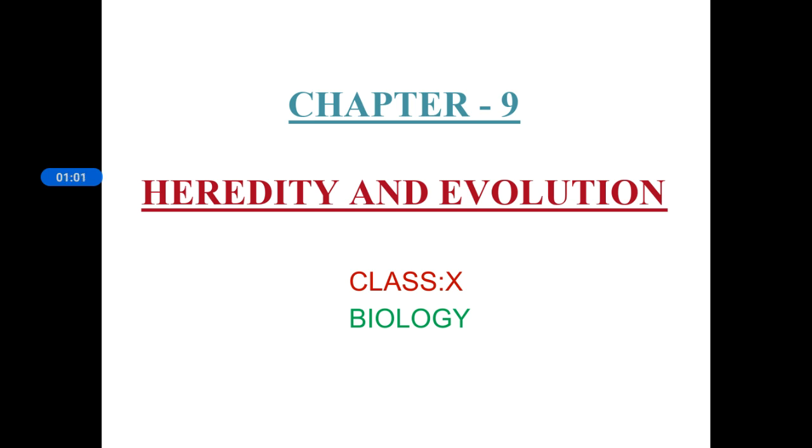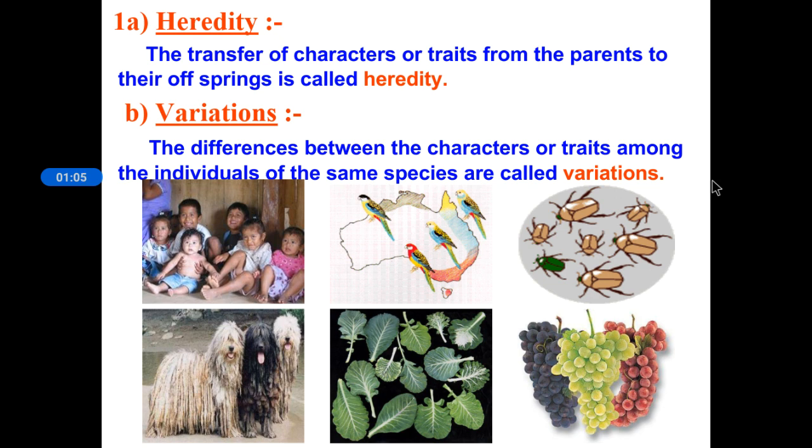Yes, there comes the term heredity. So what is heredity? Passing of traits from parents or ancestors to the offsprings. Offsprings means babies, right? Or it can also be defined as the transfer of characters or traits from the parents to their offsprings is called heredity.